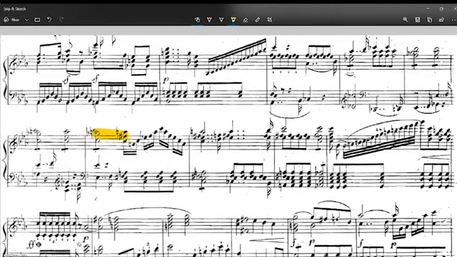Let's start there, where the bass starts that interchange of motives. That's F minor with a seventh. It's 2-6, 2-6-5 in E flat, normal subdominant.